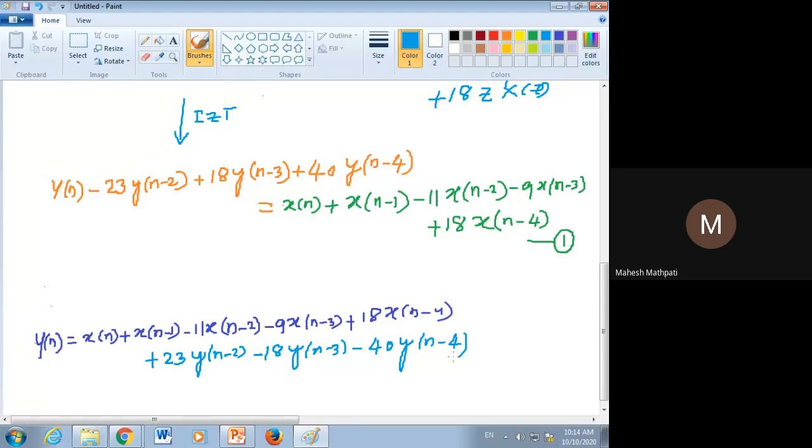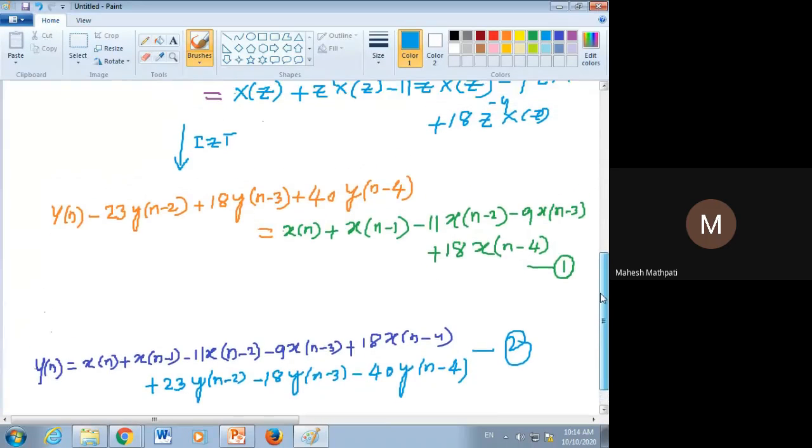So now to realize it, let us call it equation 2. This is equation 2. Just realize this.